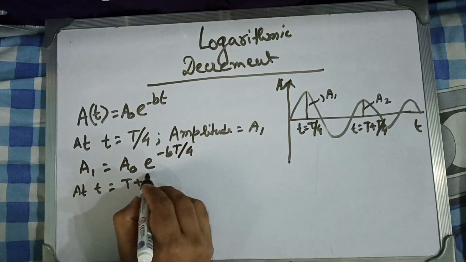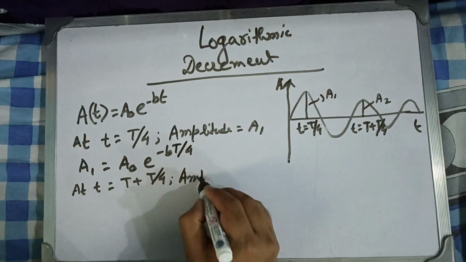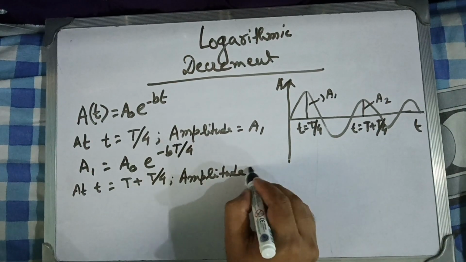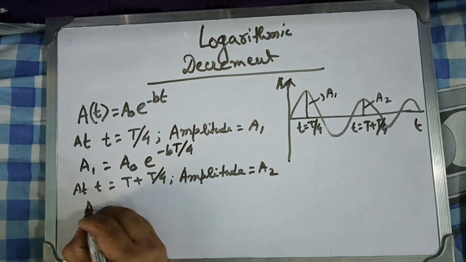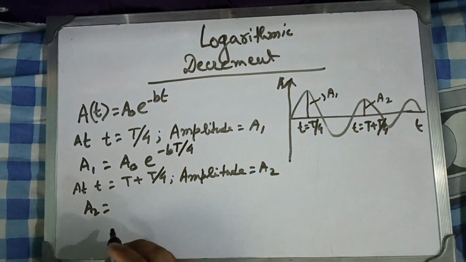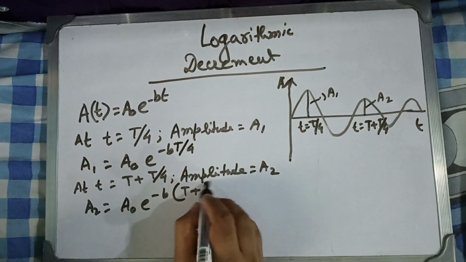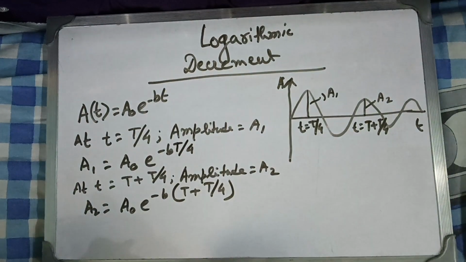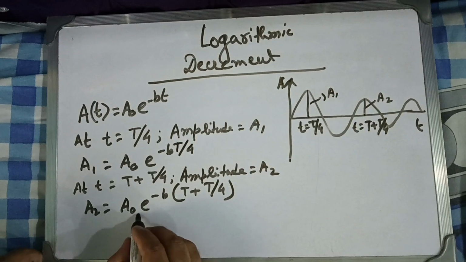So a2 will be a0 e to the power minus b t plus t by 4. Now in this way the amplitude decays to an. So now see how the expression will be.